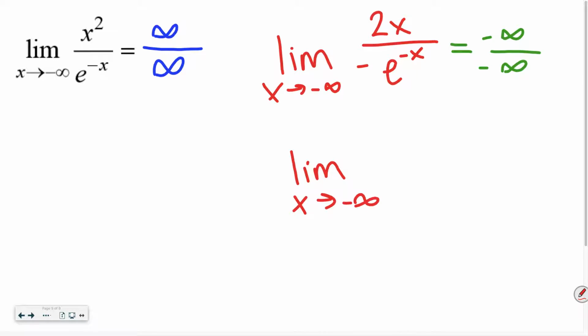If it's indeterminate, use L'Hopital's rule. So now we have 2 over e to the negative x. You already told me that e to the negative x, as we approach negative infinity, would go towards infinity. So we have 2 over approaching infinity, which would be 0.